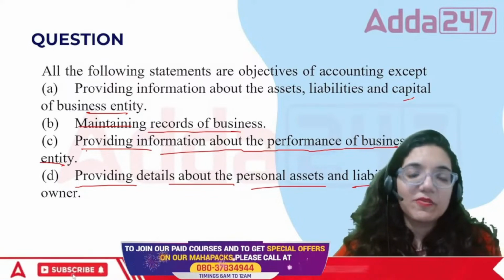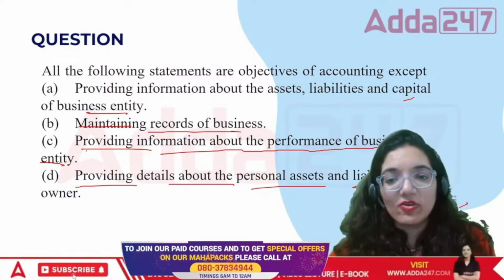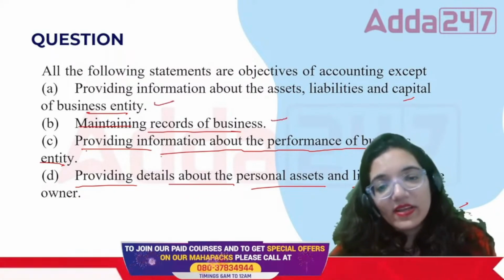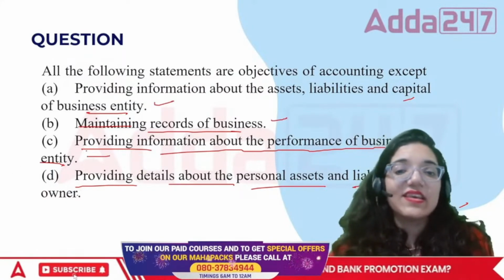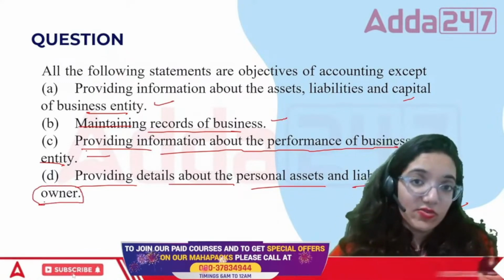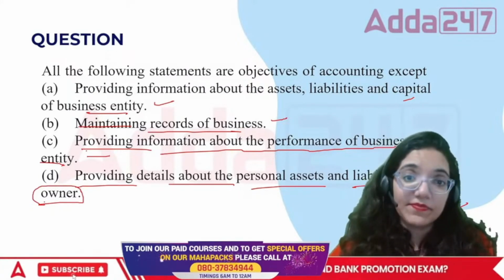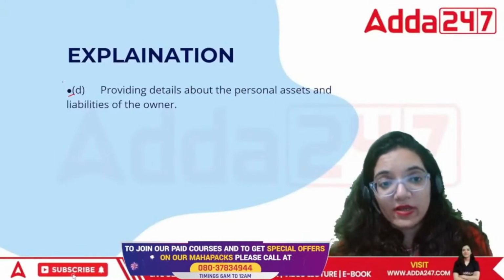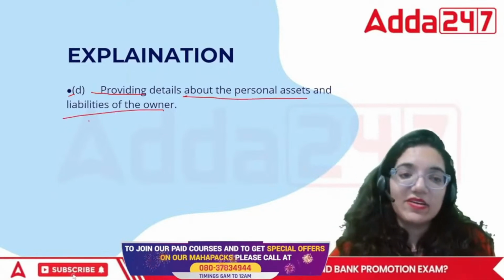It tells about the performance as well as position. It maintains the records of the business as well. So first is correct, second is also correct. Providing information about the performance of the business, that is also correct. The last thing relates to the owner. It doesn't relate to the owner. It relates to the business only, right? So in this case, the wrong part of accounting would be providing details about the personal assets and the liabilities of the owner.